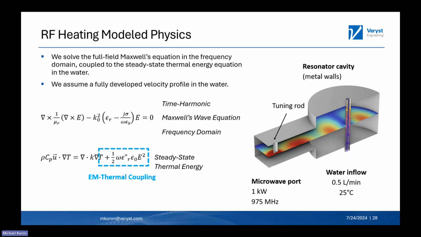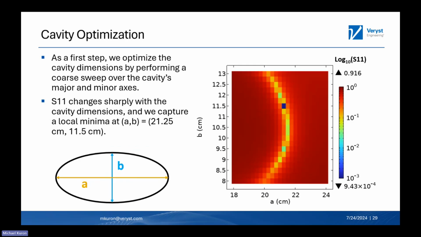The first step we take in modeling this type of system is to optimize the cavity itself. So the performance of this system is very much sensitive to the dimensions of the cavity. And so what we do is we parameterize the cavity shape and predict the loss coefficient, or the S11 parameter, to understand its response with respect to the cavity dimensions. And so this is purely from an electric field perspective.